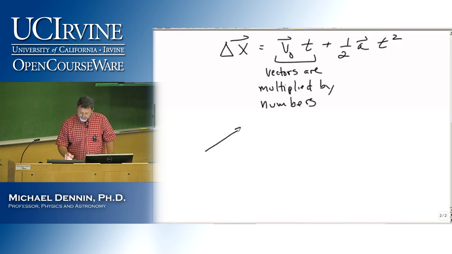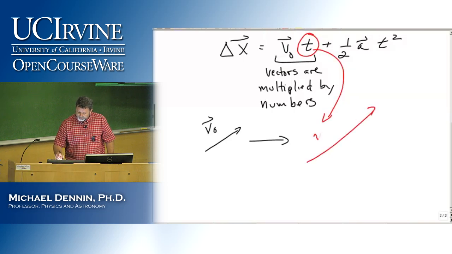So if I have V naught and then I multiply it by time, that just makes it longer. But it keeps the direction the same.